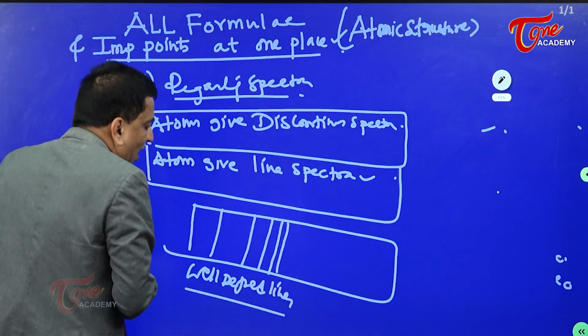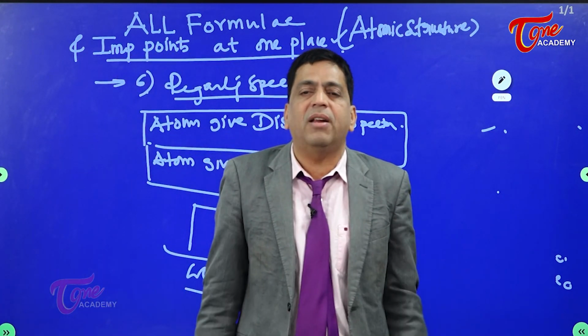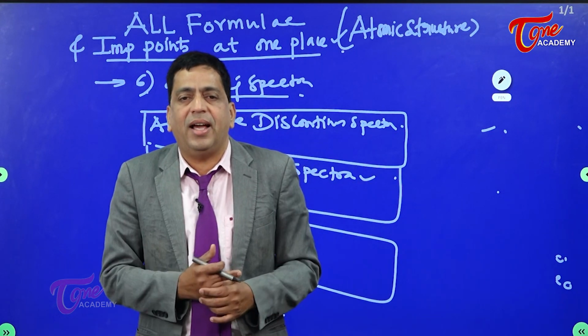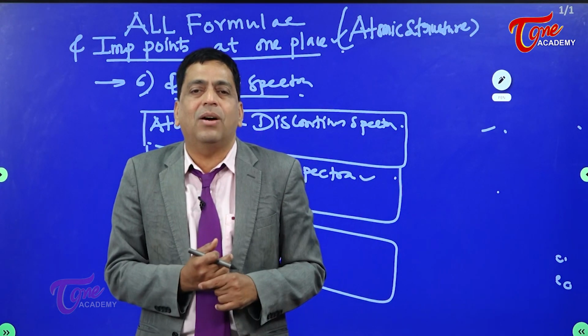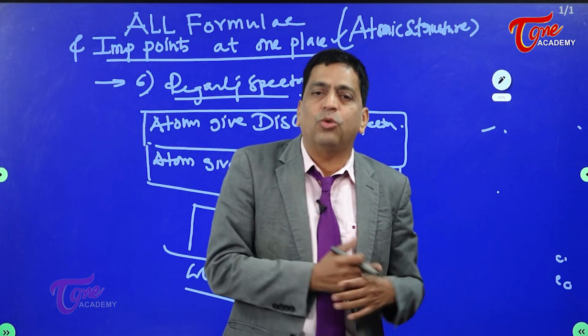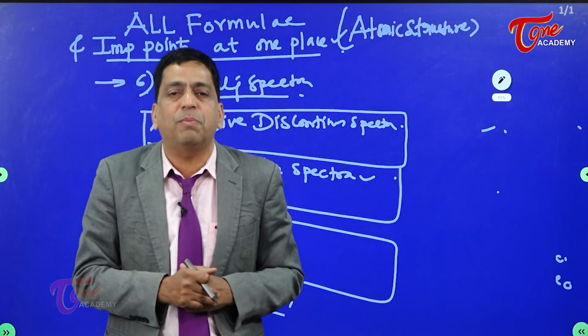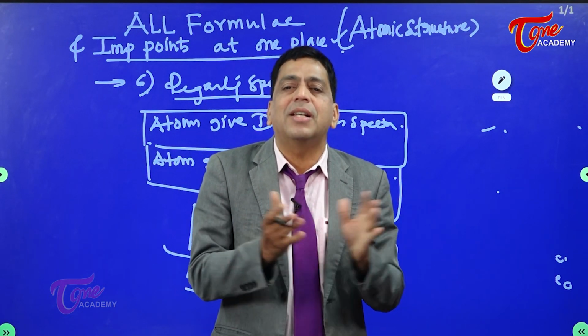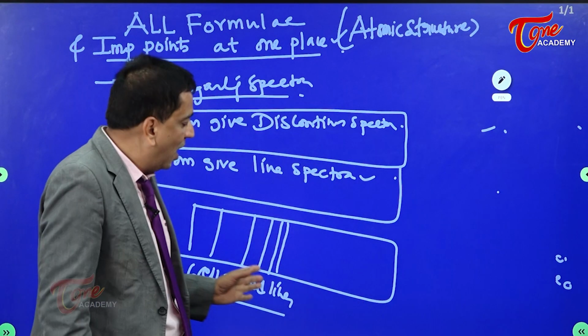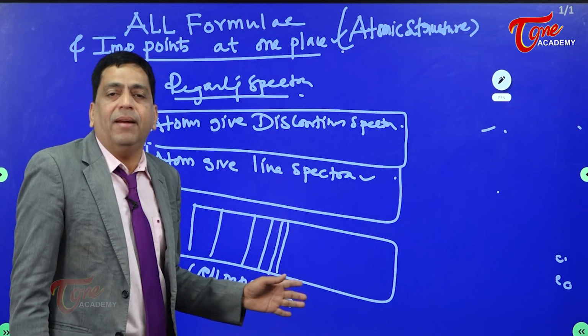When I say well-defined lines, each line's wavelength, frequency, or any other parameter of the radiation giving you this line is distinct and clear. That's what I call a well-defined line.